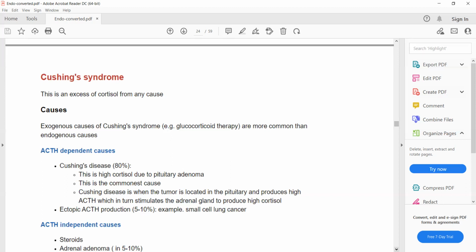Small cell lung cancer secretes two types of hormones, both of them starting with the letter A. One is ADH, which results in syndrome of inappropriate ADH secretion or SIADH, and the other hormone is ACTH, which can cause Cushing syndrome. So ACTH dependent causes are pituitary adenoma and small cell lung cancer.